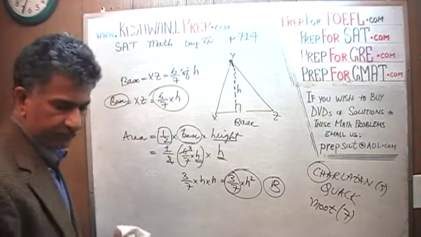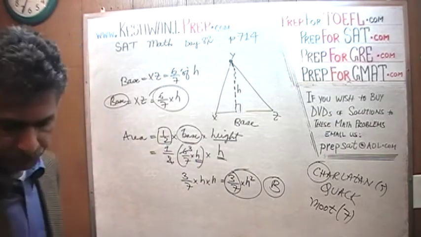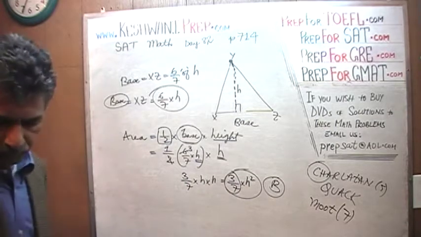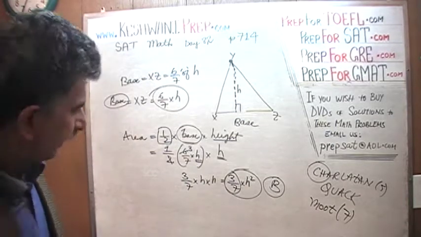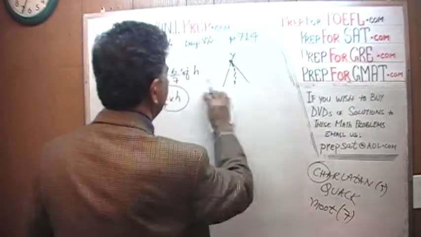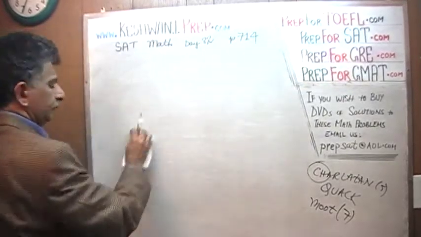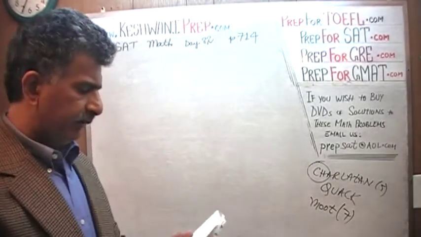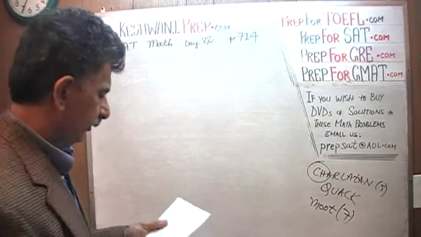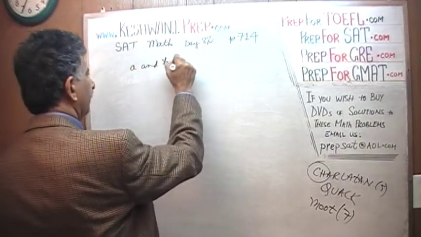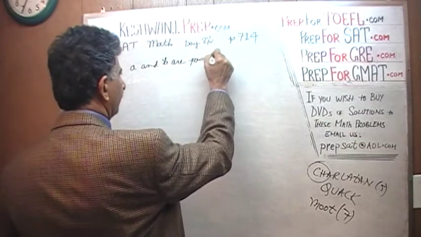Let's take a look at number 8. Number 8, we are told A and B are positive integers.